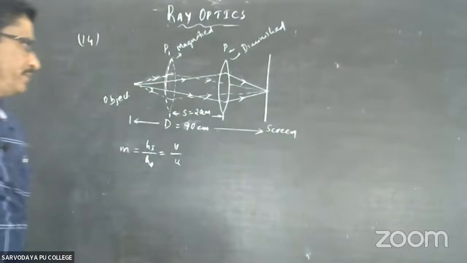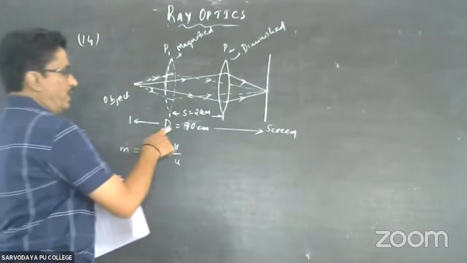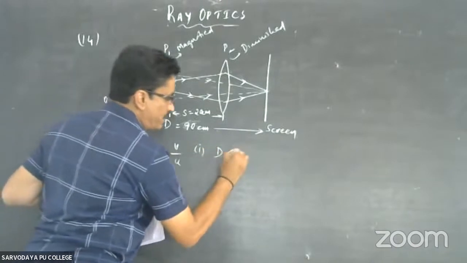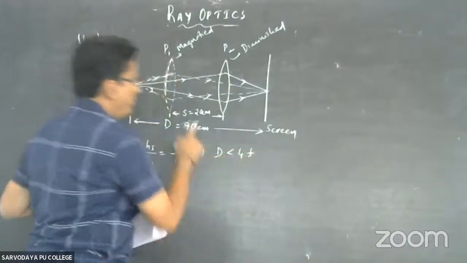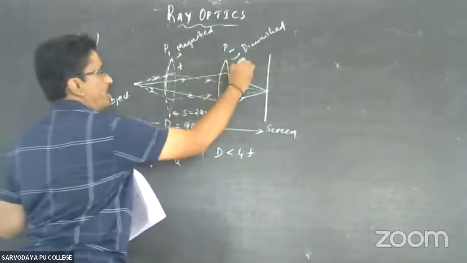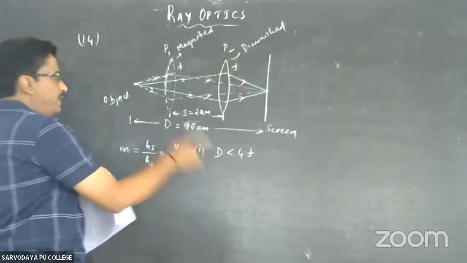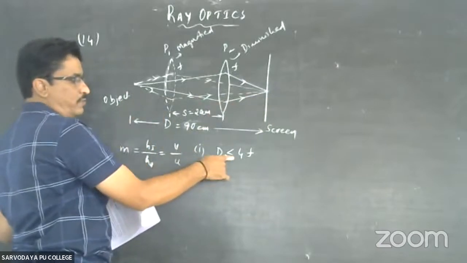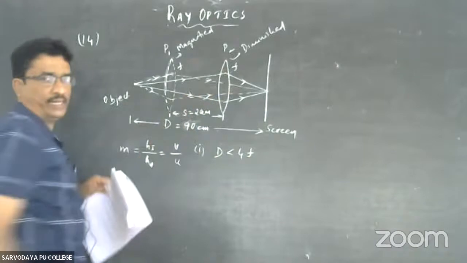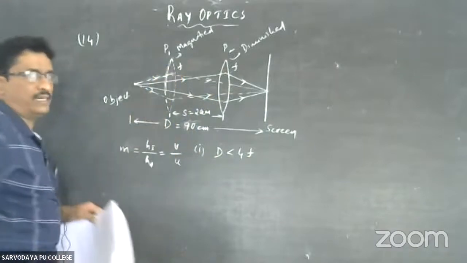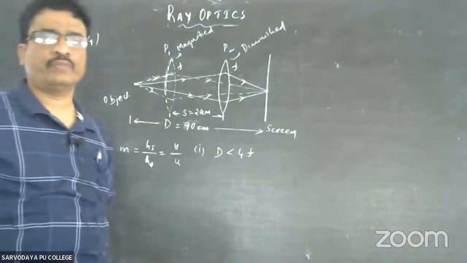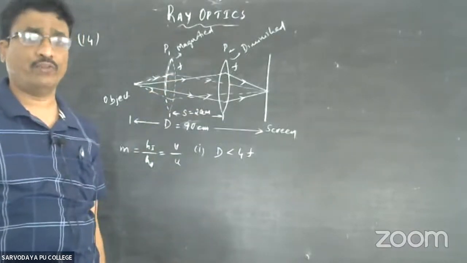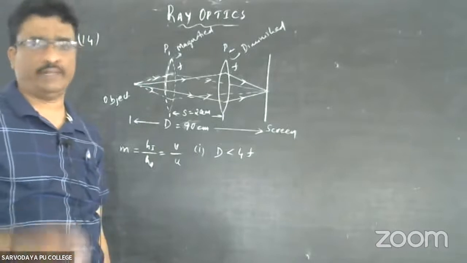If you consider this D, the distance between the object and the screen, and if it is less than 4 times the focal length f. For example, if the focal length of the lens is 30, what will be the value of 4f? 4 into 30 is 120.